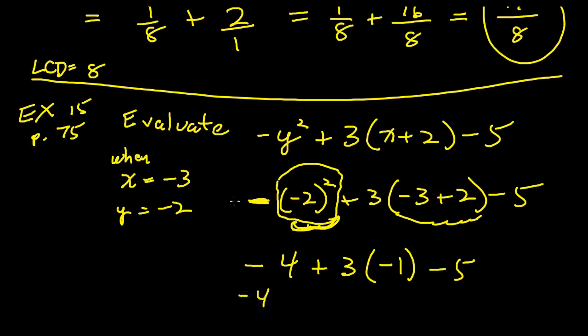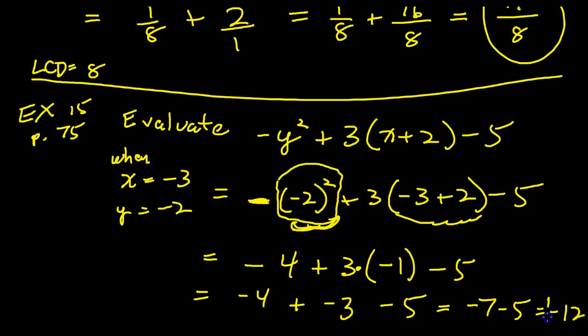Well, they put equal signs here, really should put equal signs between these lines. 3 times minus 1 is then the next operation that gets done. So I'll get minus 4 plus minus 3 is minus 7, and minus 7 minus 5 is minus 12. Final answer. All right, that's the last example I had drawn up. This concludes section 1.9, exponents, parentheses, and order of operations.